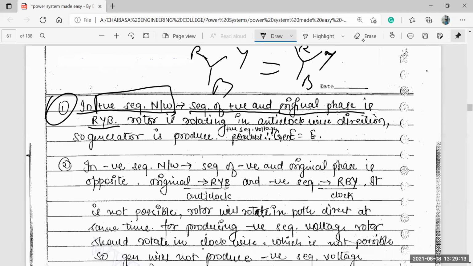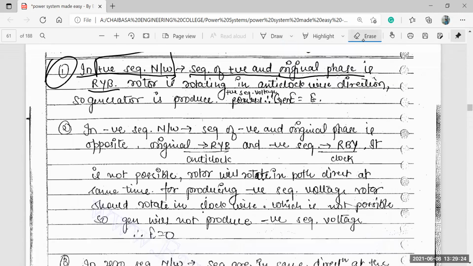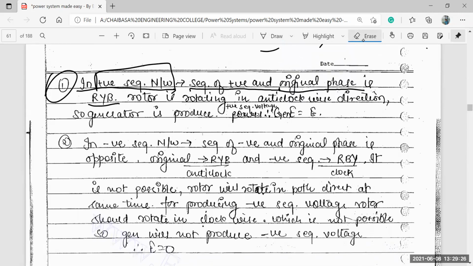The phase will not change. It will be similar for these two.